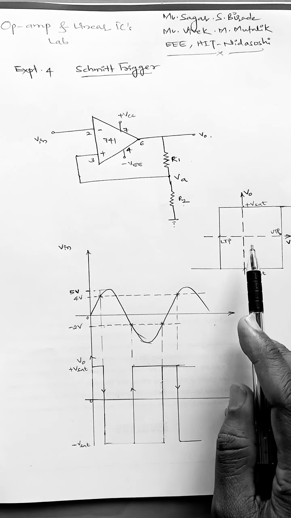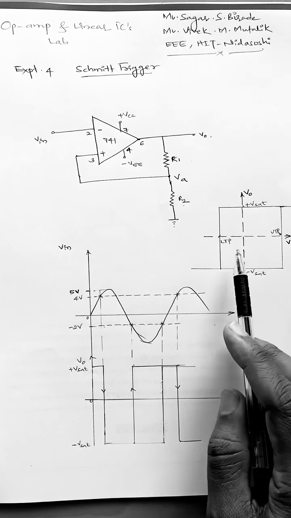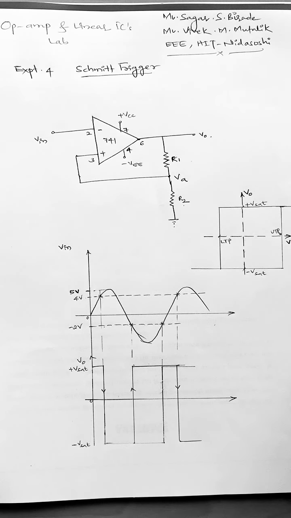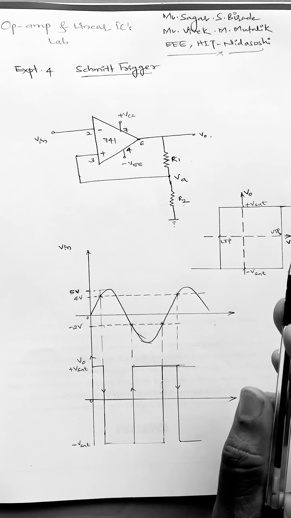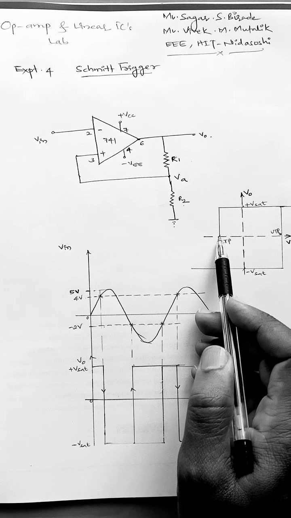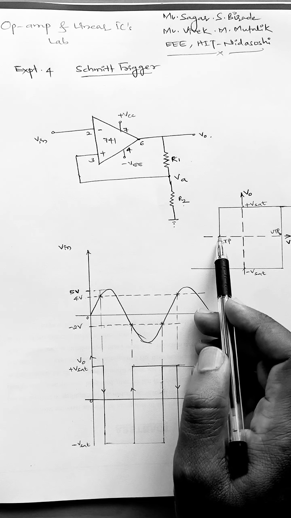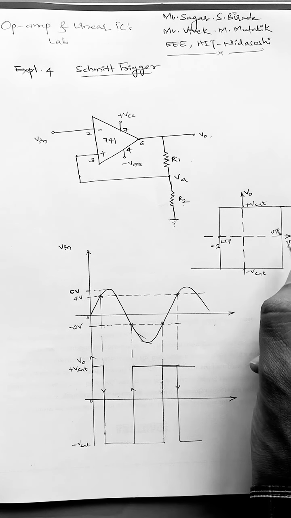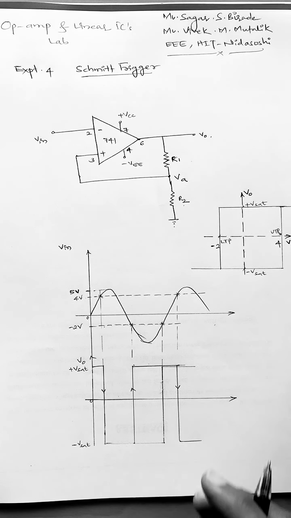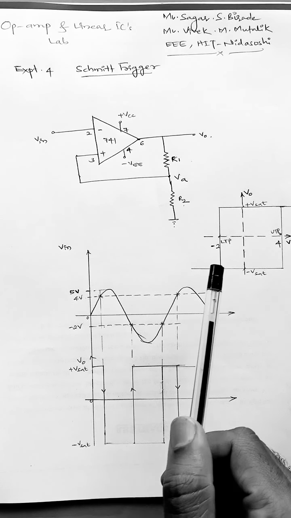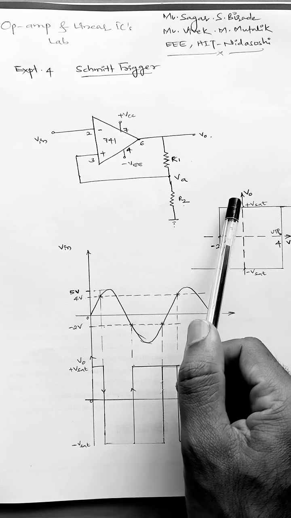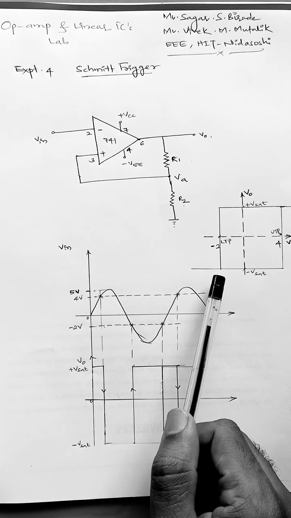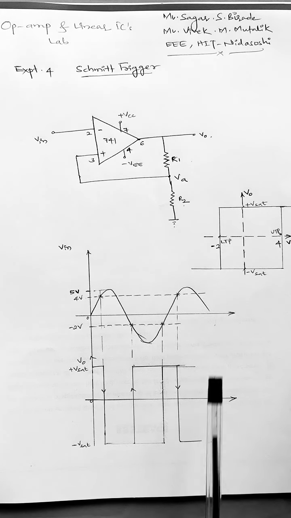Here, the x-axis is V in, y-axis is V naught, and you will get this kind of waveform where this side is LTP, in our case it is minus 2, the other side is UTP, in our case it is 4, and the values on the y-axis indicate the saturation values, plus and minus V saturation.